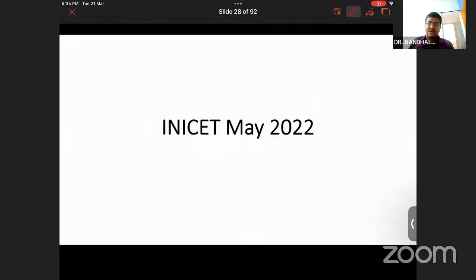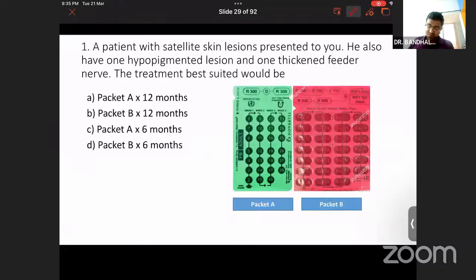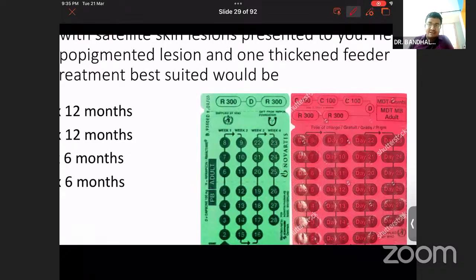Next we will go to NEET May 2022. First question: a patient with satellite skin lesions presented to you. He also has one hypopigmented lesion and one thickened nerve. The treatment best suited would be... They didn't give the options directly. They gave two images. One is a green pack, another is a red pack, packet A and packet B. First, what is in the green pack?